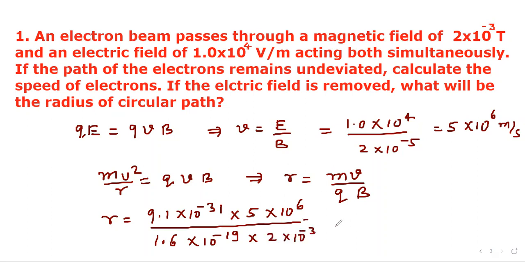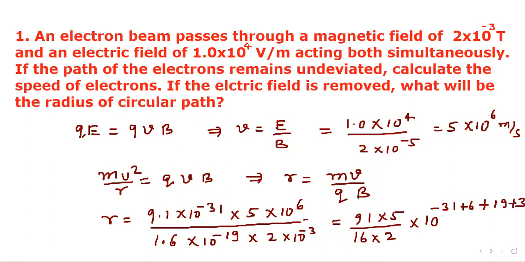Now we simplify. So we can write it as 91 into 5 divided by 16 into 2, into 10 to the power minus 31 from here plus 6 plus 19 plus 3.